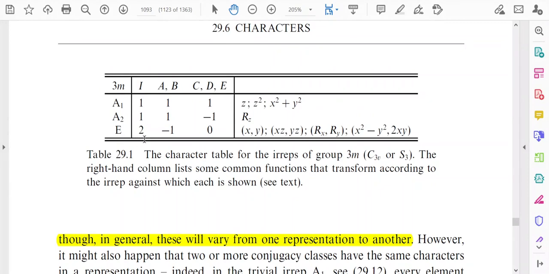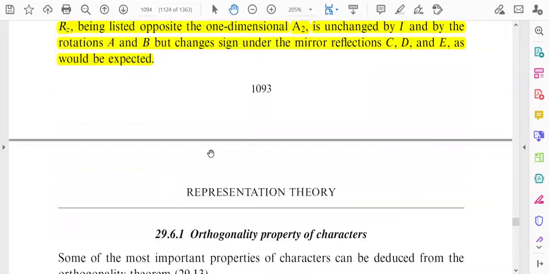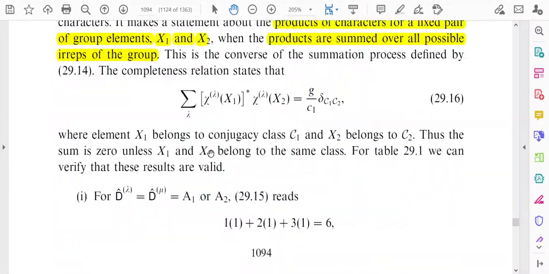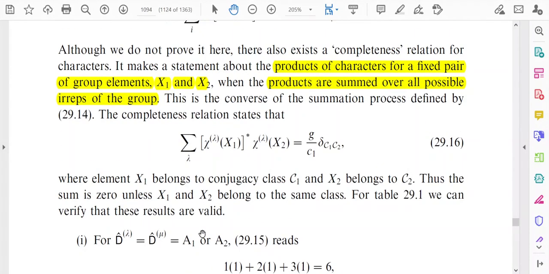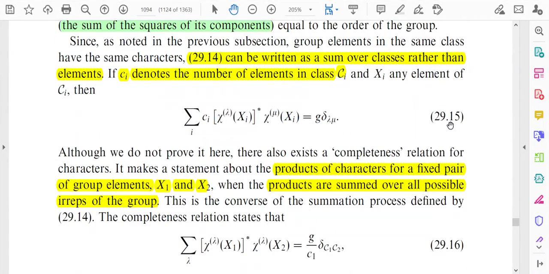So the multiplication will be 2 into 2, 2 squared, then minus 1 into minus 1, and then 0 into 0. That is why it has been written this way, 2 squared, then 1, then 0, and ultimately it gives 6. Now let us consider two different representations, that is, lambda and mu are different. So if lambda and mu are different, look at equation 29.15 again.